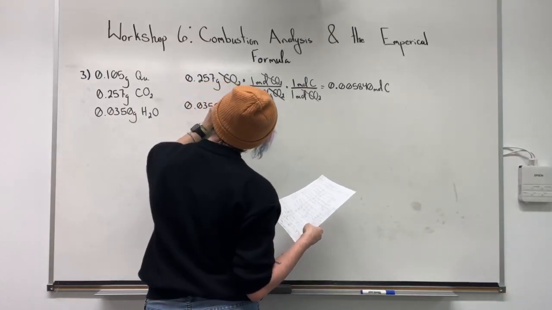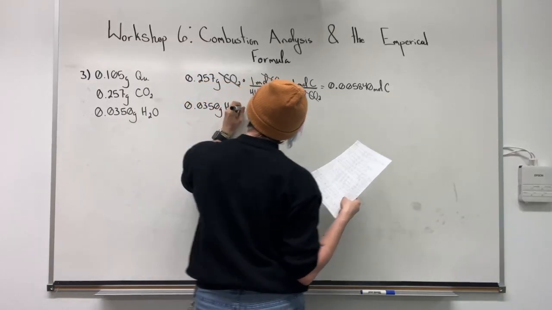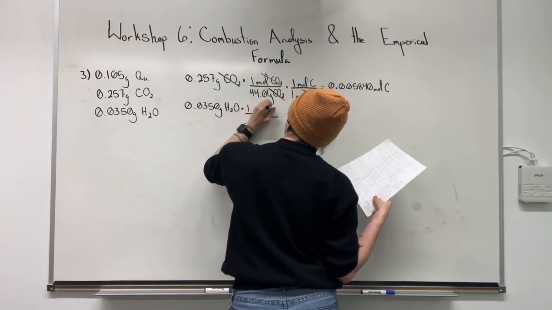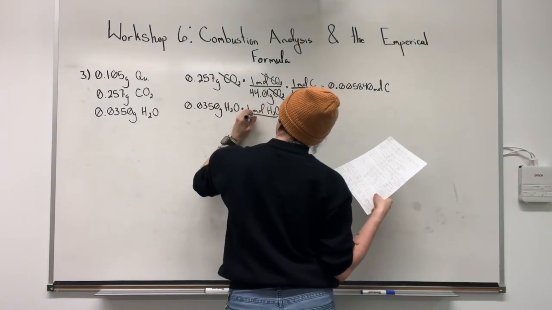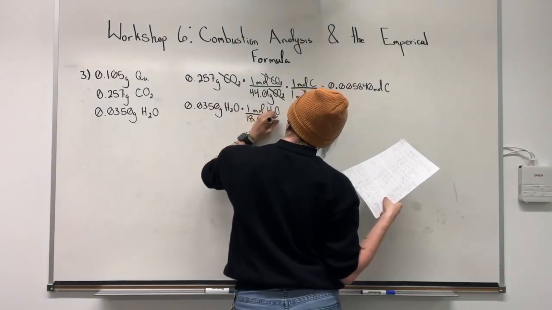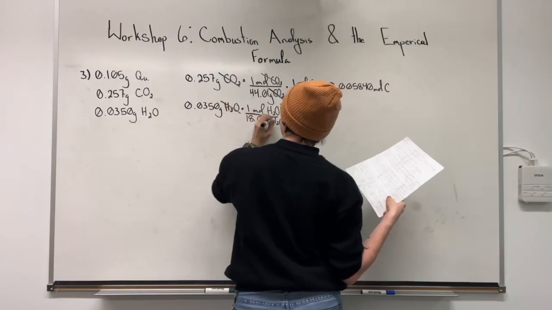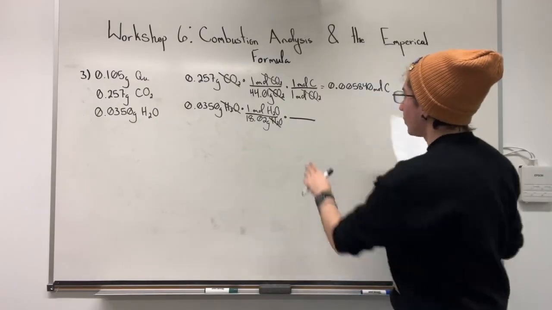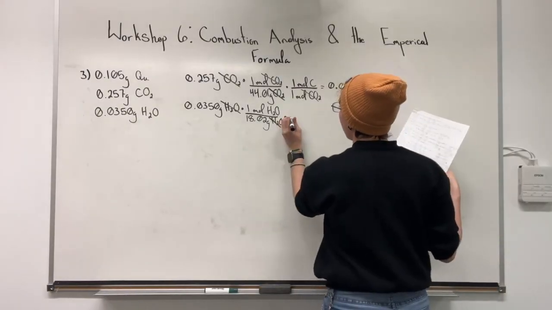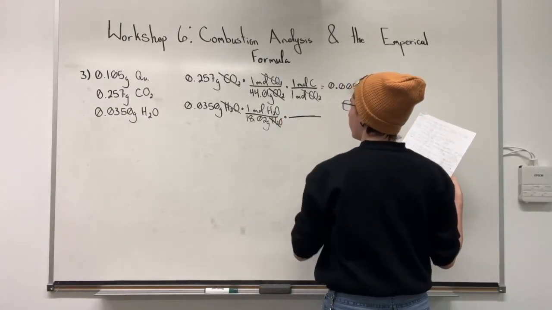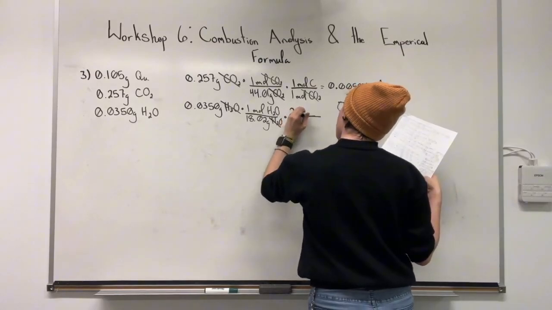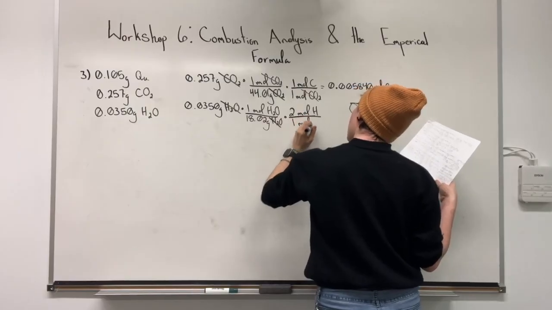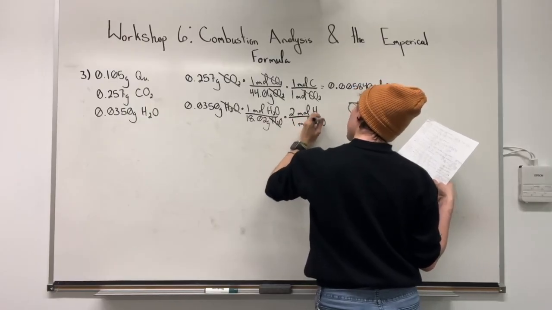0.0350 grams of water. We first have to get out of grams and into moles. 1 mole of H2O per 18.02 grams of H2O. And now, like we said before, it takes 2 moles of hydrogen to make 1 mole of water. 2 moles of H per 1 mole of H2O.